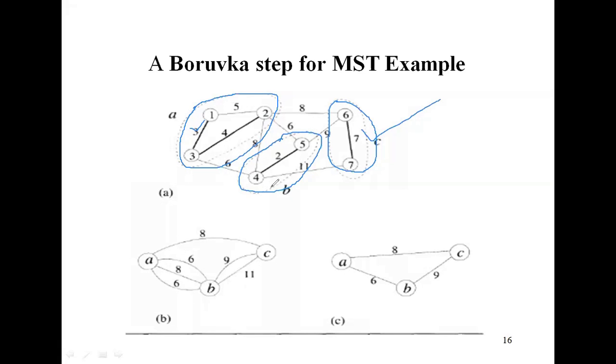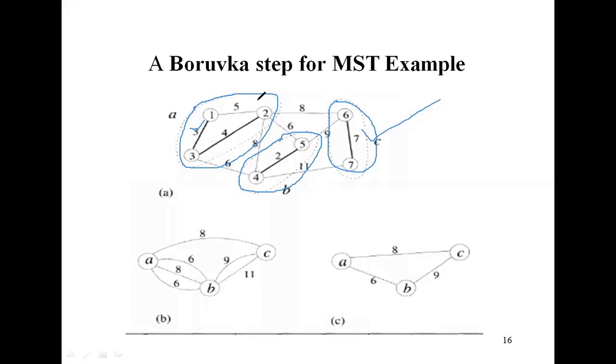So like this, now see this one, the entire component is B, and from B to C, the component C, there is an edge 5 comma 6, that is 9. So you can add B to C, 9. In the same way, 4 to 7, there is an edge with cost 11. So B C, 11.